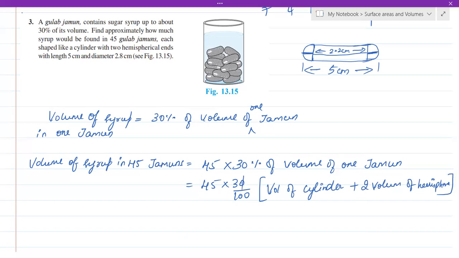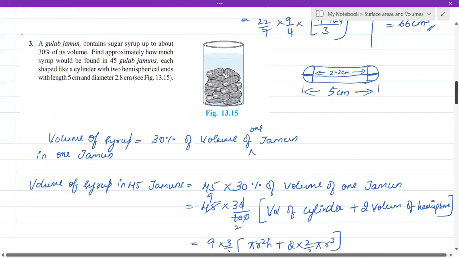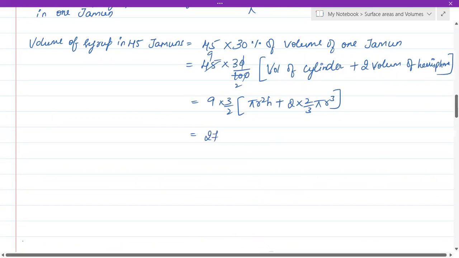So here 0, 0 gets cancelled. 5 2s are 10, 5 9s are 45. So this becomes 9 into 3 by 2. Volume of cylinder is given by the formula pi r square h. And the volume of hemisphere is 2 by 3 pi r cube. Okay, that's the formula. So it becomes 9, 9 3s are 27, right? So 27 by 2.